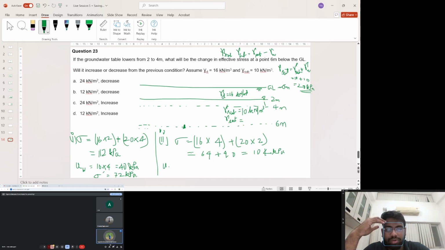And pore water pressure in this condition is 10 into 2, which is 20 kPa. Now sigma dash is 104 minus 20, which is 84.